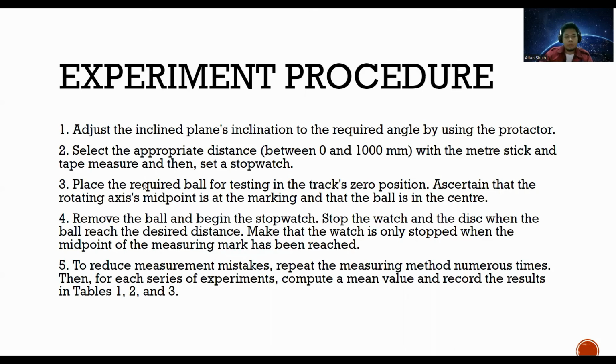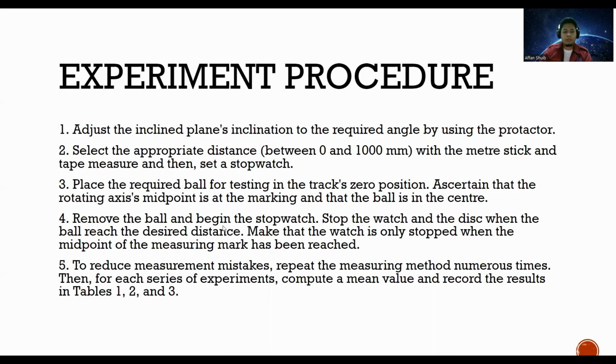Then we place the required ball, either the large ball or the small ball, which is a ping pong ball, for testing at the track 0 position. Ascertain that the rotating axis midpoint is at the marking and that the ball is in the center.